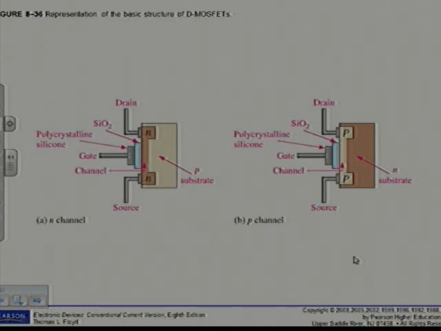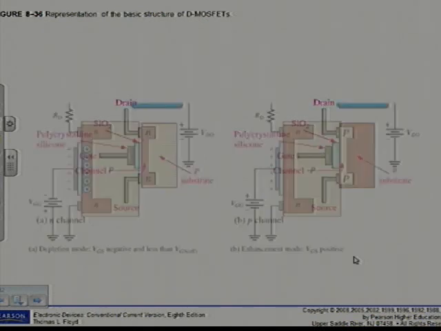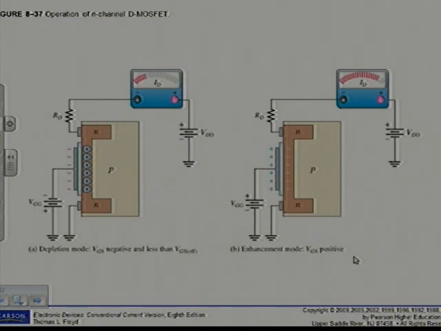Also, they show us the N channel and the P channel, with the three terminals: the drain, the gate and the source. That is the basic structure of the Depletion MOSFET. Let's have a look at what's going to happen when we apply voltages to the gate of the depletion MOSFET.